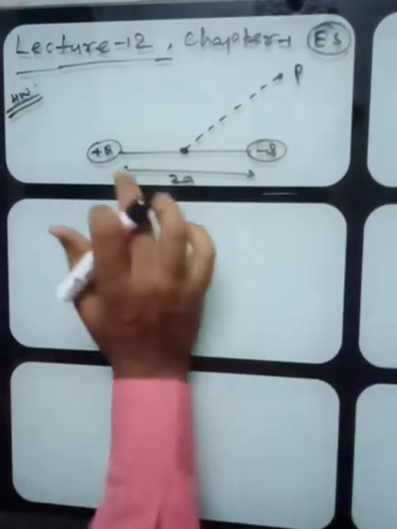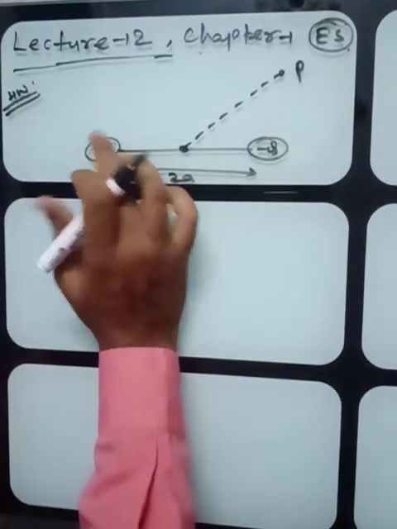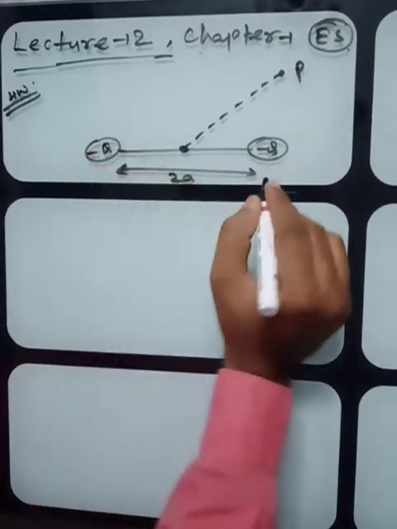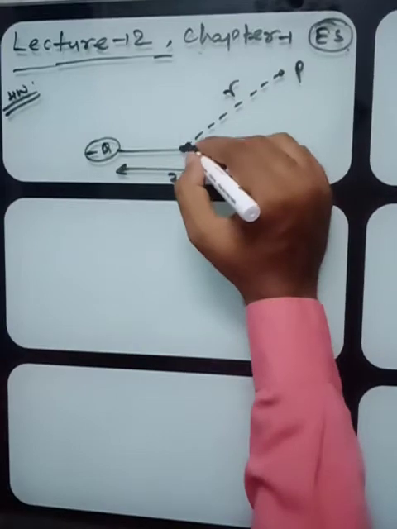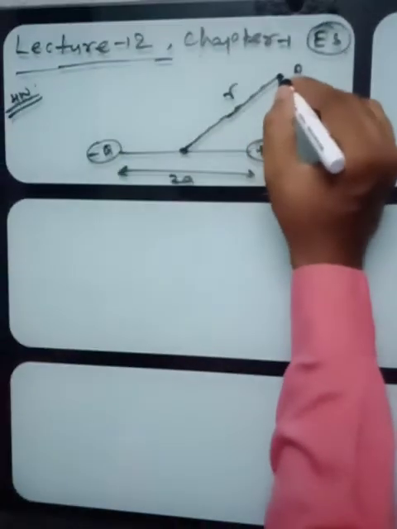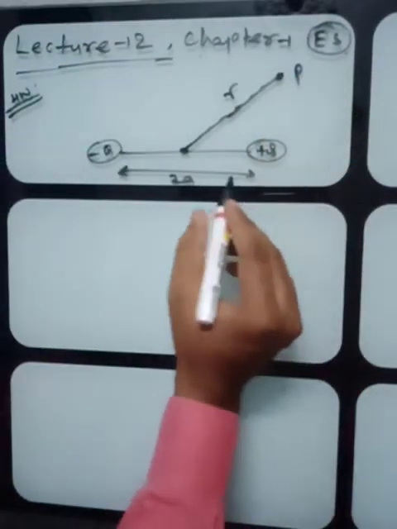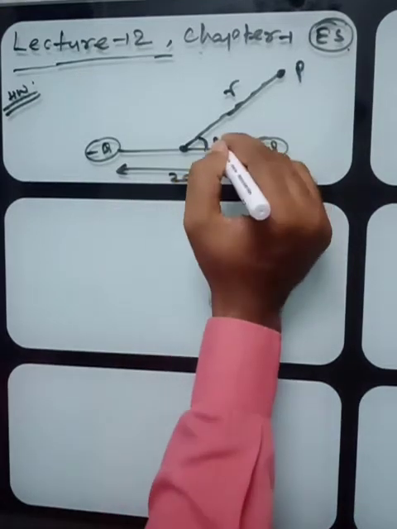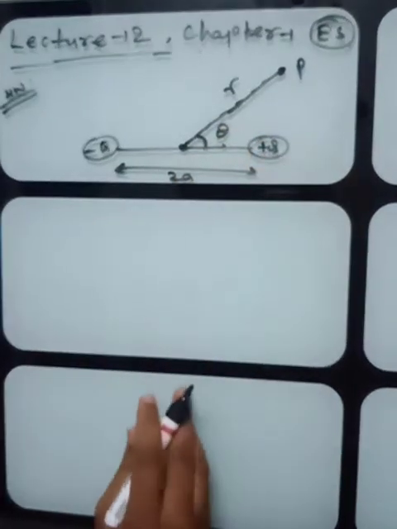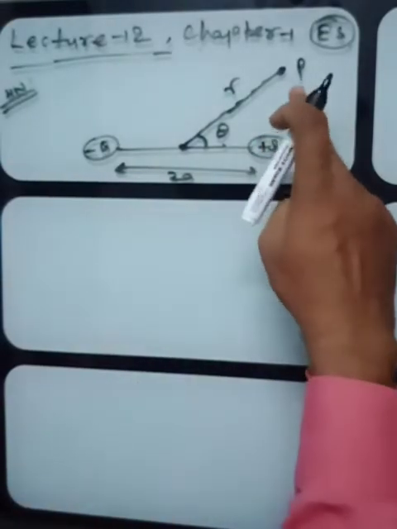For simplicity I am writing minus q and plus q. The observation point P is at distance r from the center. The dipole moment is in the negative to positive direction, and the angle is also given, suppose it is theta.